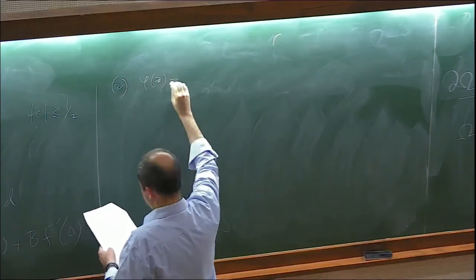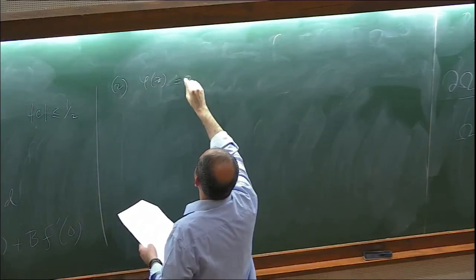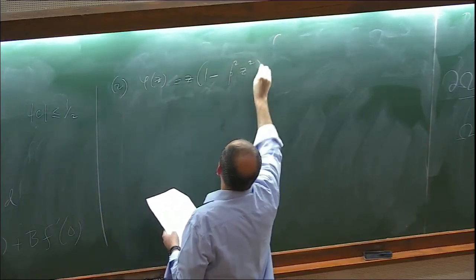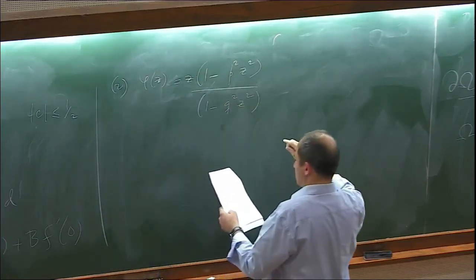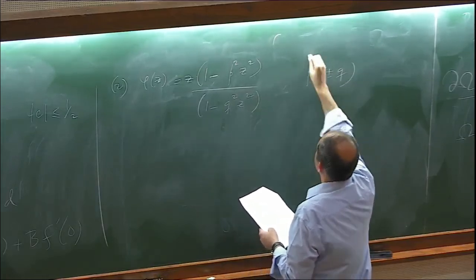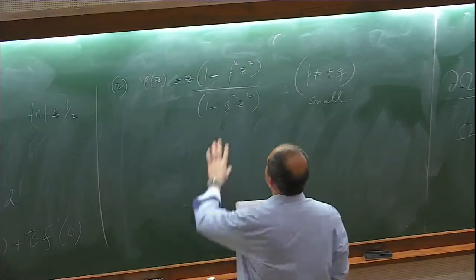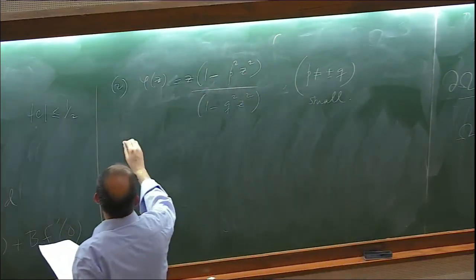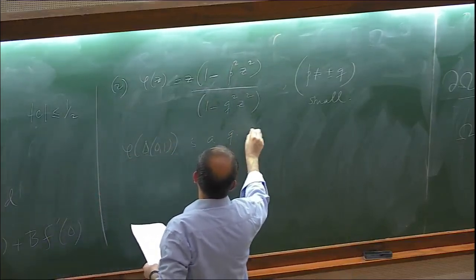Take phi of z to be say z times 1 minus p squared z squared or 1 minus q squared z squared, with p not equal to plus minus q, and small. Both are small. So this is like a perturbation of the identity in some sense. So phi of the disk again is a quadrature domain.